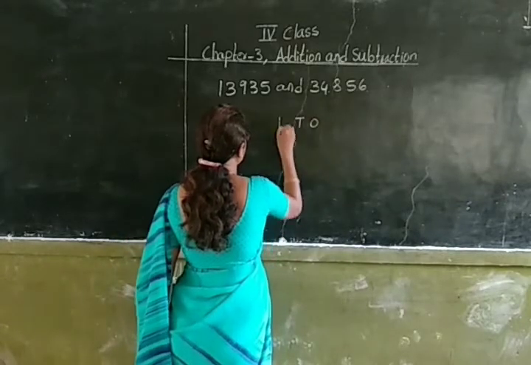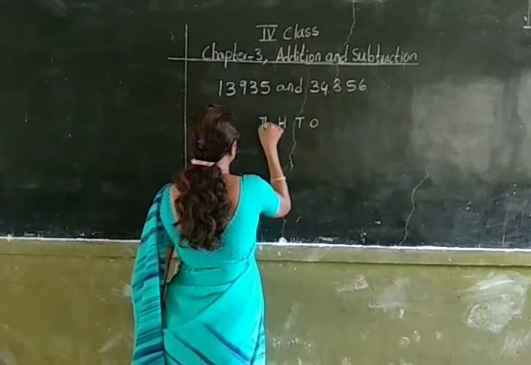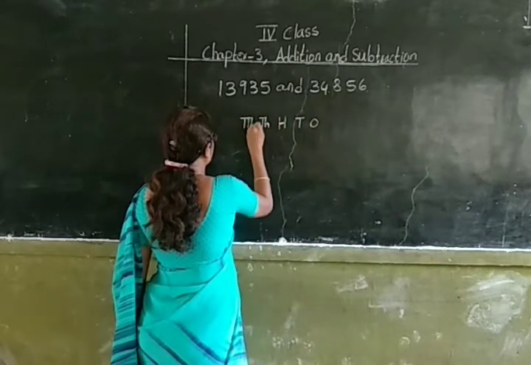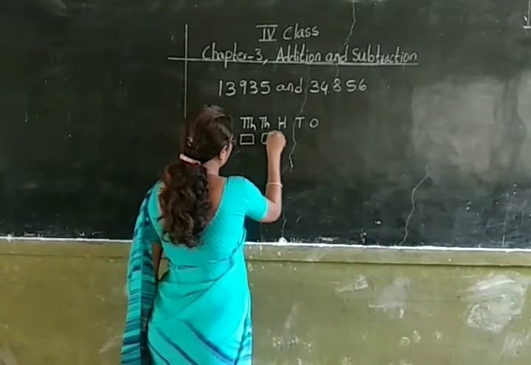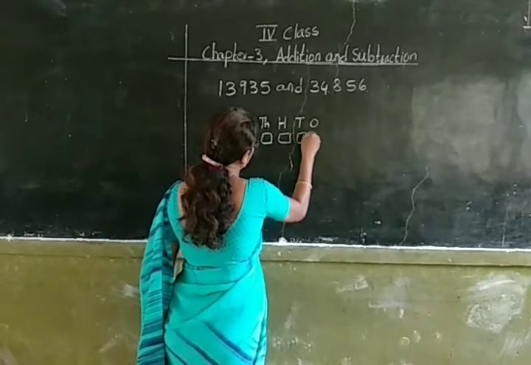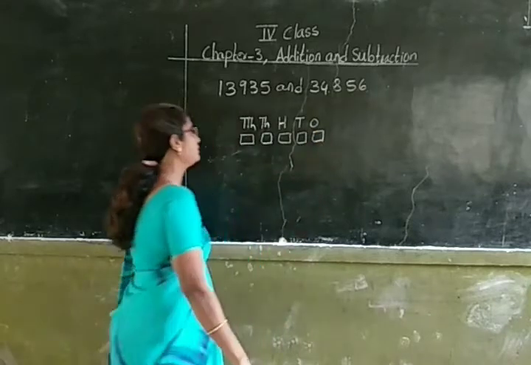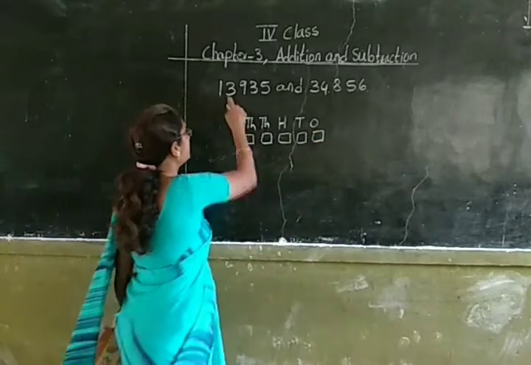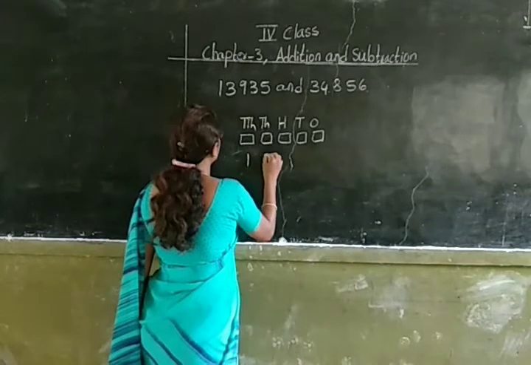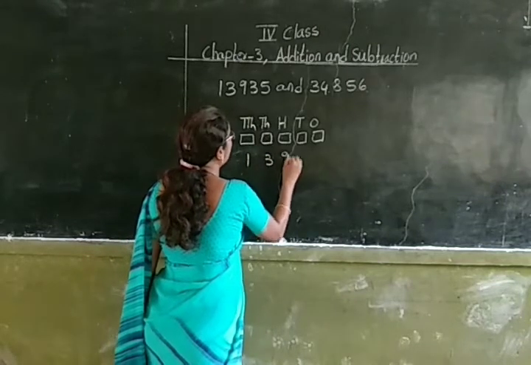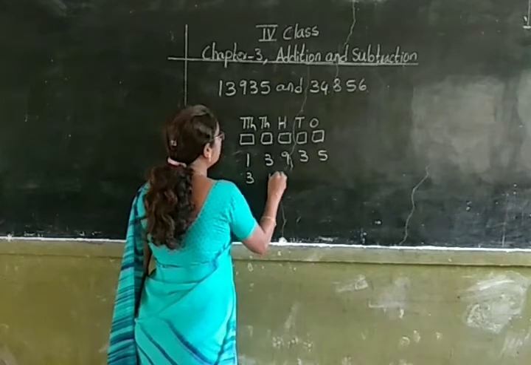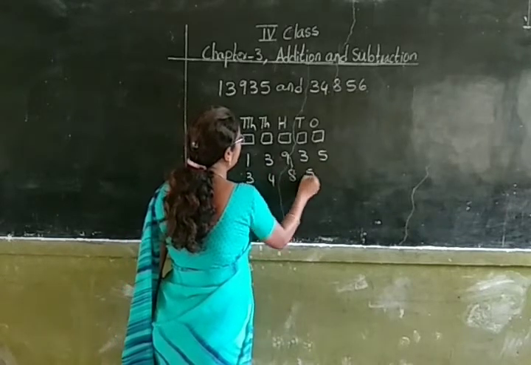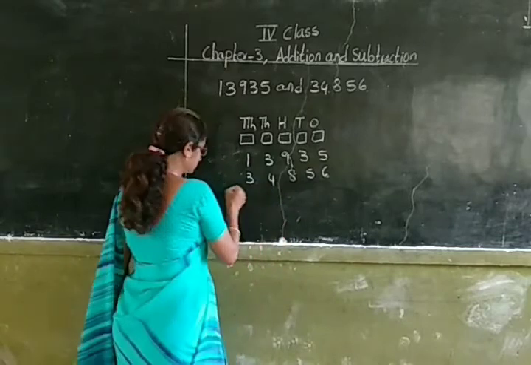Ones, tens, hundreds, thousands and 10,000s. After writing the places, you have to arrange the numbers in columns: 13,935 and 34,856.